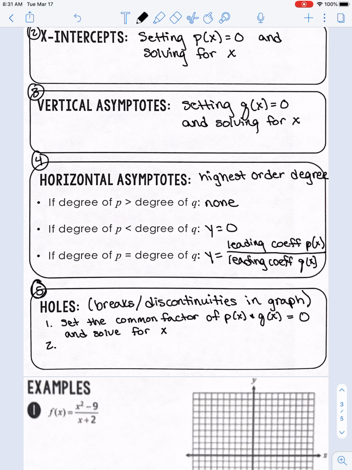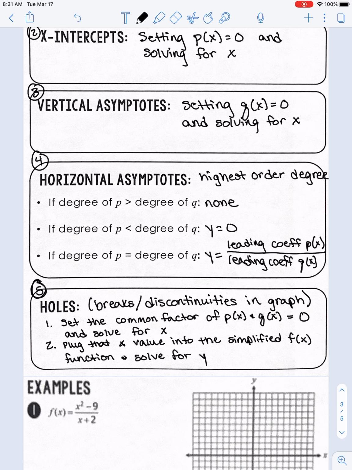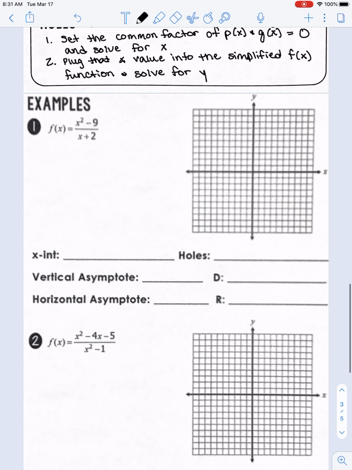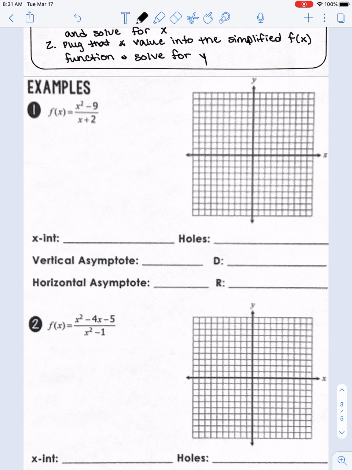Step 2 is plug that x value you just solved for into the simplified f of x function and solve for y. So now you'll have your x, y hole coordinate that you can put on your graph. Let's do a couple examples of this.